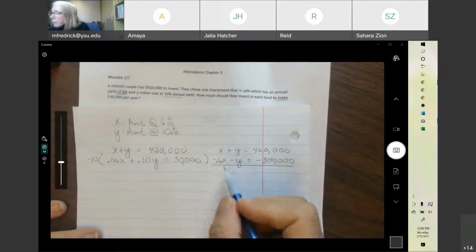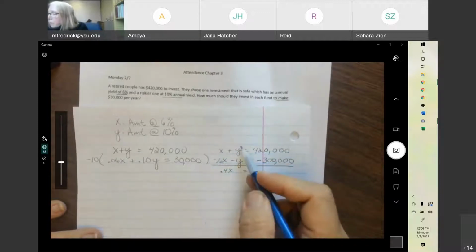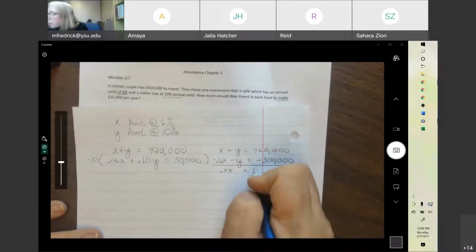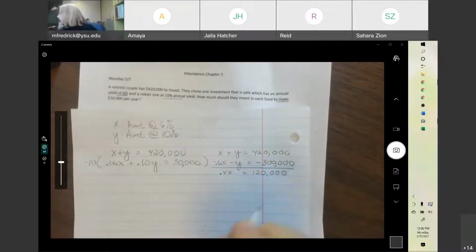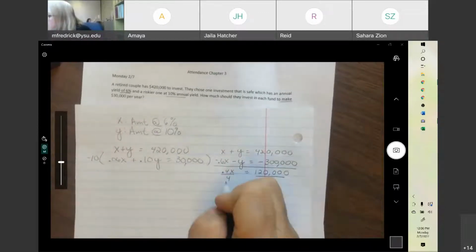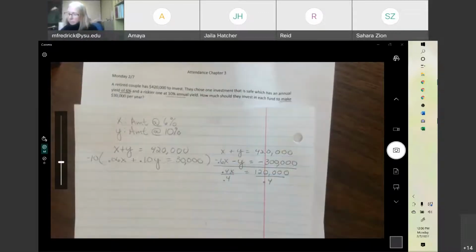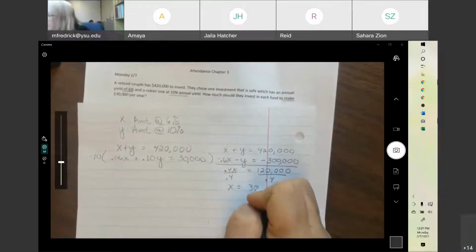Adding down, then I get negative 0.4x equal to, because my y's cancel, negative 120,000. Dividing by negative 4/10, I get 300,000.